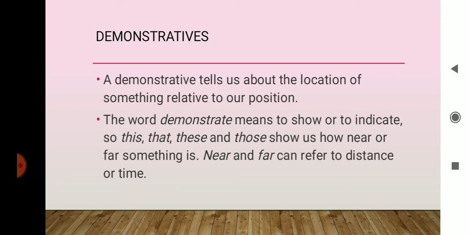So, this, that, these, and those show us how near or far something is. Near and far can refer to distance or time. So, students, demonstratives are words like this, that, these, and those, which point out persons or objects close by or at a distance.